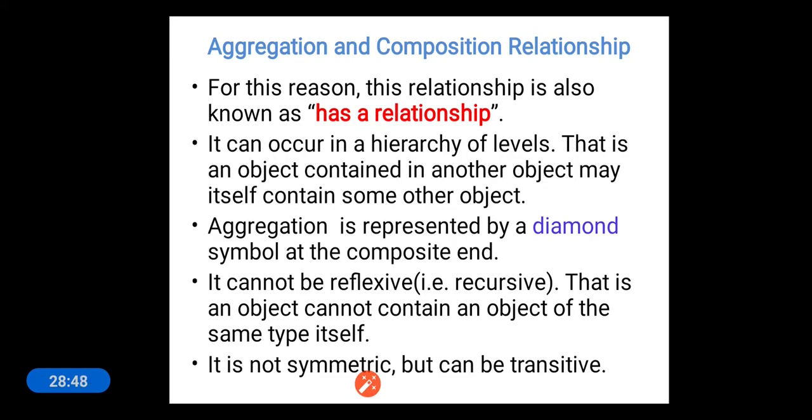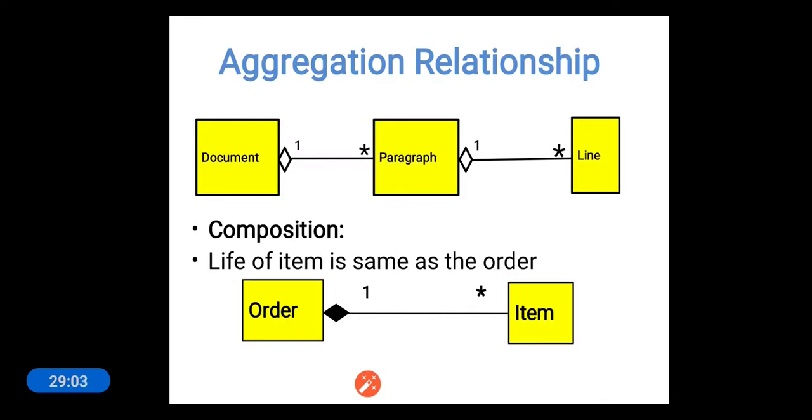It can occur in a hierarchy of levels. That is, an object contained in another object may itself contain some other object. So that example we can see in the next slide. So this is how we are having a line, a paragraph, and a document. What is a document? A document is nothing but the collection of paragraphs.